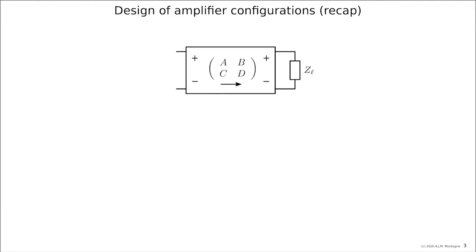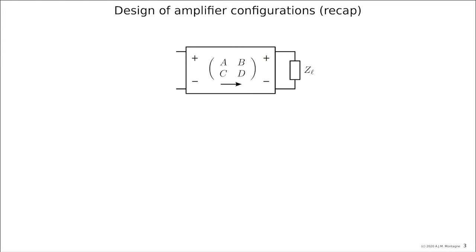So, a little recap. We have modeled amplifiers with the aid of two-ports, and we would like to describe them with our transmission one parameters, as we have discussed in the previous course, but also already in this course.